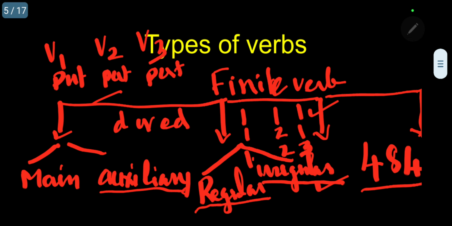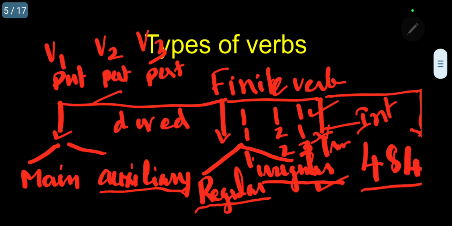And the third type, kindly follow: transitive and intransitive verb. This is somewhat higher level. Transitive means the action is done from one person to another. Ram throws a ball to Sita.